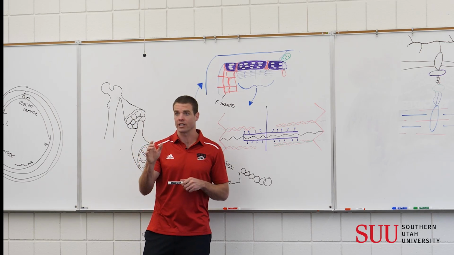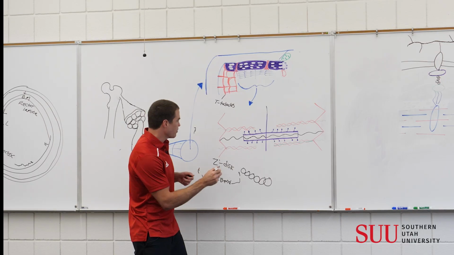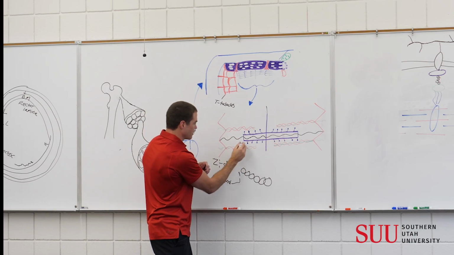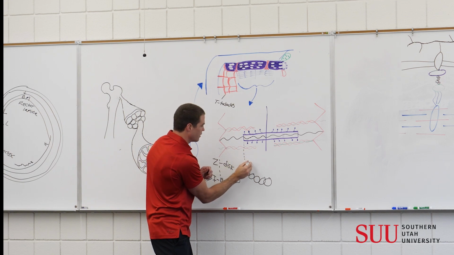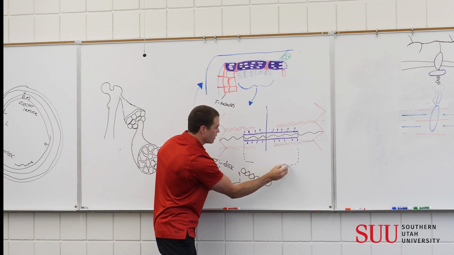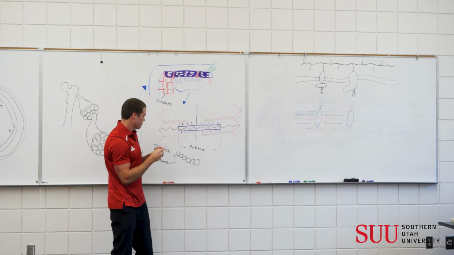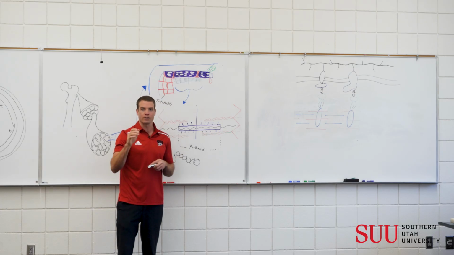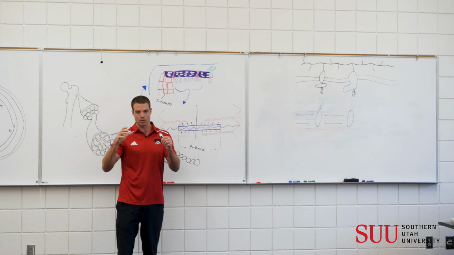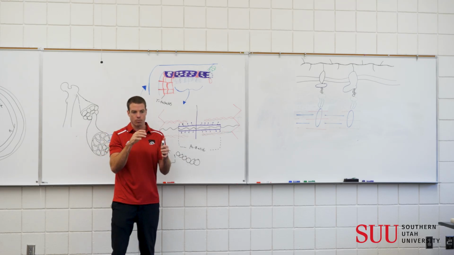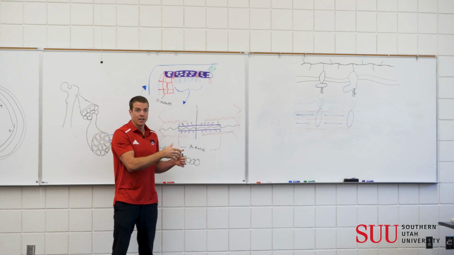Now, another important one is called the A-band. The A-band is going to be the length of the myosin filament, okay? So we can go like this, and this here is called the A-band. A-band stands for anisotropic. When it was discovered, it polarized light in a way that made it darker.